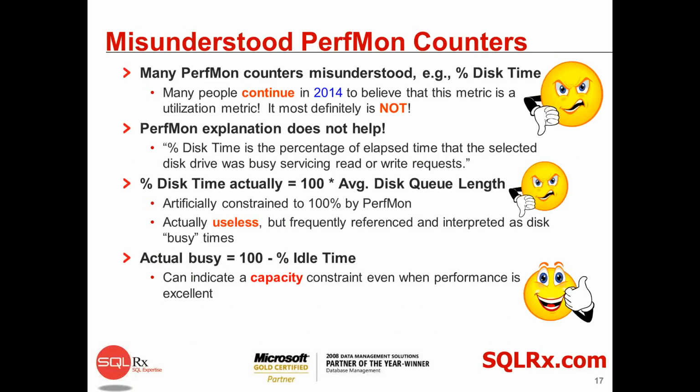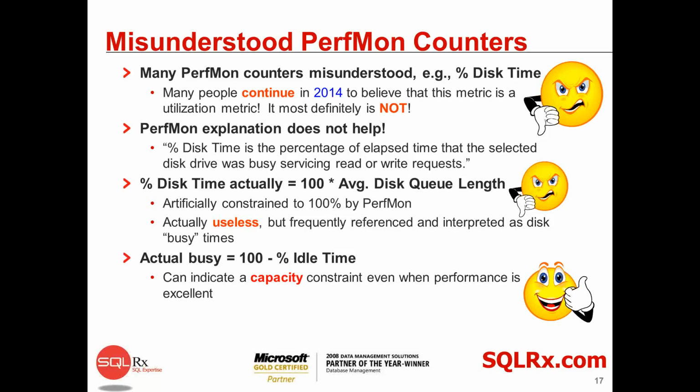Some of the most misunderstood counters still are percent disk time, although you see it much less in narratives now than you used to. The PerfMon explanation implies it's the utilization. It's actually just 100 times the average queue length, and if you're looking at it through PerfMon, it's an artificially constrained number, so it's actually a useless number, but it's often referred to as busy time.